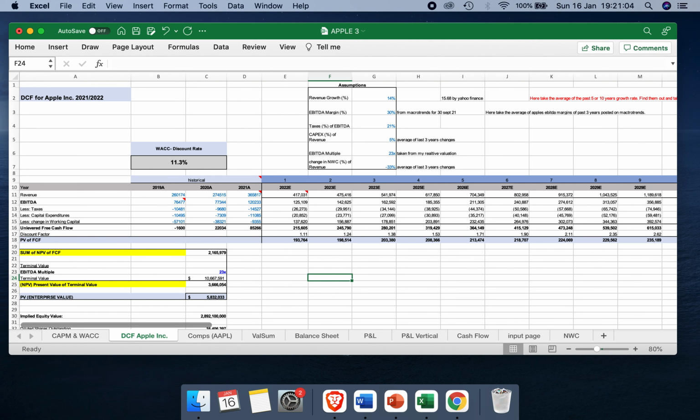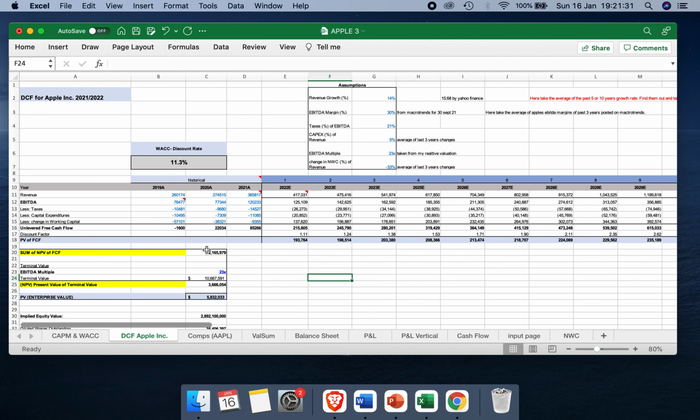Right, so the next step after I calculated the discount rate was to get to the second part. Sorry, I just forgot one step, which is that I discounted the free cash flows and summed up the net present value.